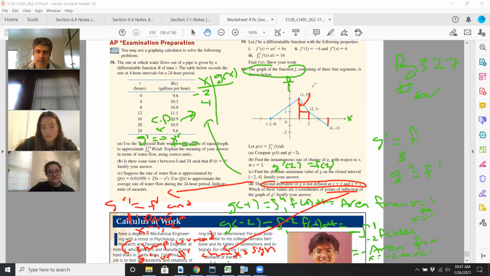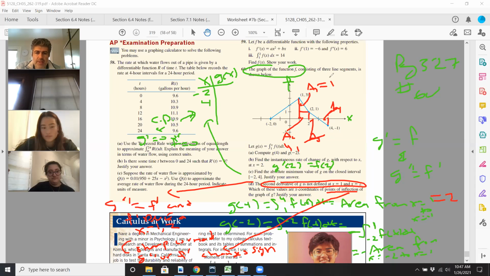I can call this A1, A2, A3, and A4. Well, I know A3 and A4 are going to cancel out, so I can just knock that out. A1 is a base of 1, height of 2, so that's 1, because 1/2 times base times height, and that's also 1 as well. So if you integrate from 1 to 4, you just get 2. So G of 4 is going to equal 2, just so you know.